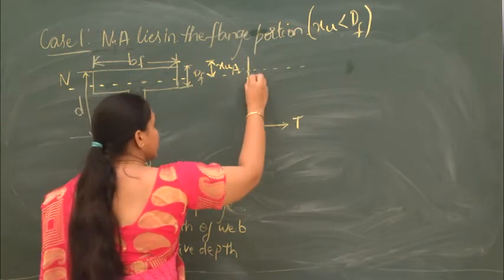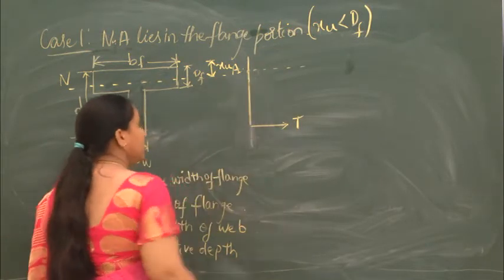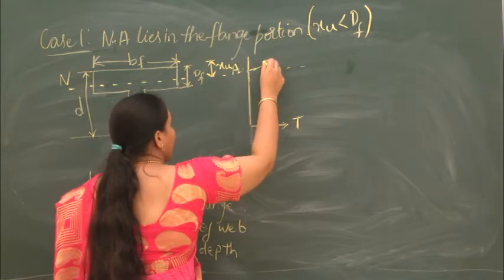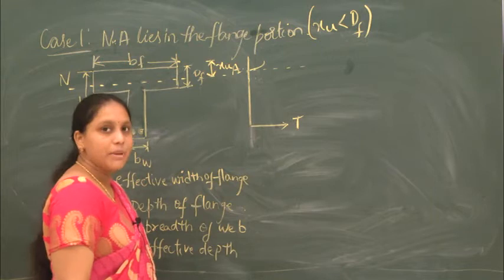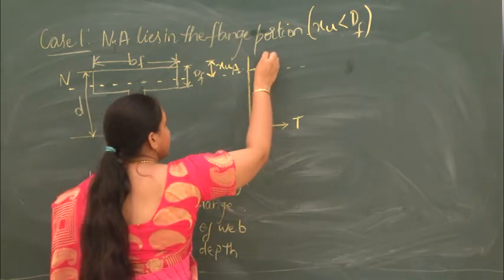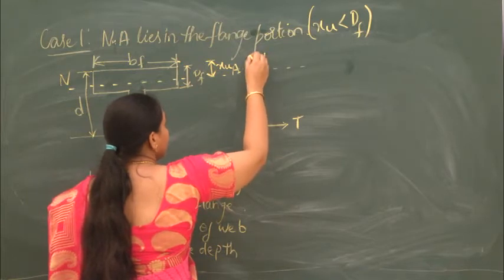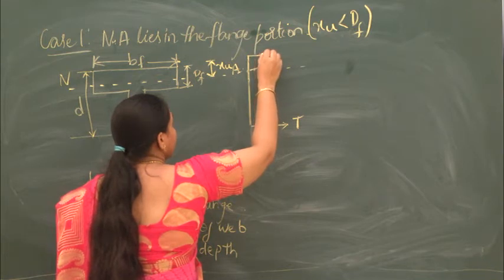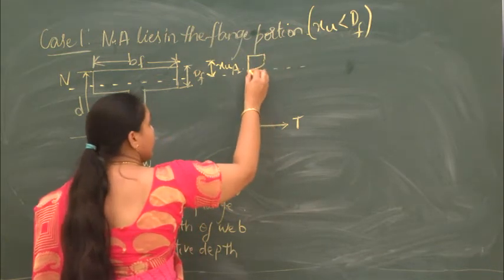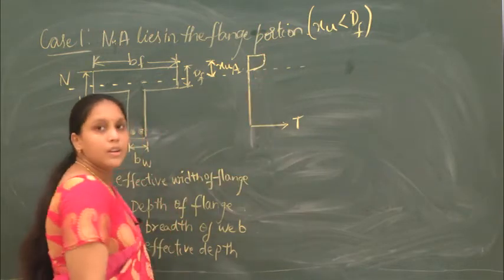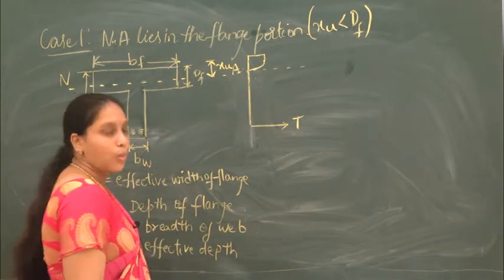So how will you draw the stress block? Up to a strain of 0.002 you are going to have a parabolic portion, and from a strain of 0.002 to 0.0035 the stress in the concrete will be linear. So from here it is a parabolic part, and from here it is going to be linear. This is how a stress block will look like.